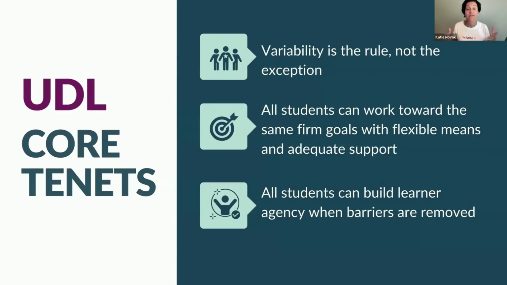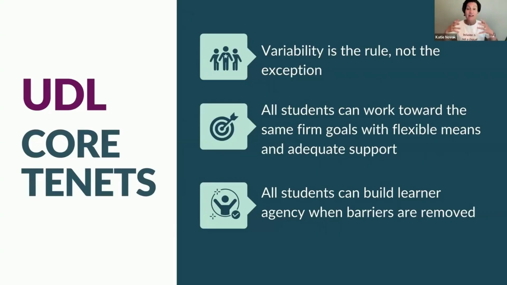And I want to be flexible so that you can think about where you are as a learner and choose what you need. Because I know that if I'm not flexible, there are going to be some people who will not be able to access learning. So it's not only about flexibility, it's about saying, I honor you. I honor your right to choose what you need, and I will support you to try to figure that out.